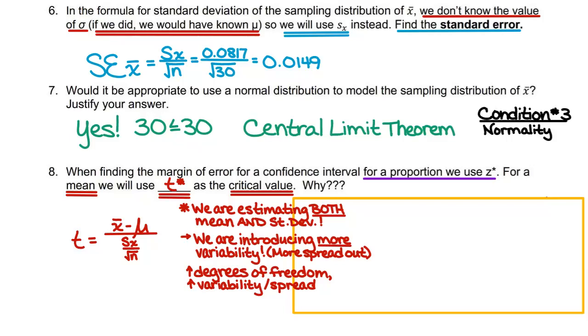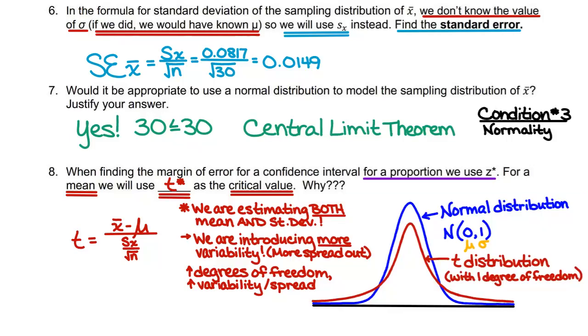But as my degrees of freedom goes down, my variability, or how spread out the graph is, goes up. So I want to show you what these two graphs look like, a z-curve, a normal curve, compared to a t-curve. They are remarkably similar, but not the same. The blue one there is my normal distribution with a mean of 0 and a standard deviation of 1. The red one is a t-distribution with 1 degree of freedom.